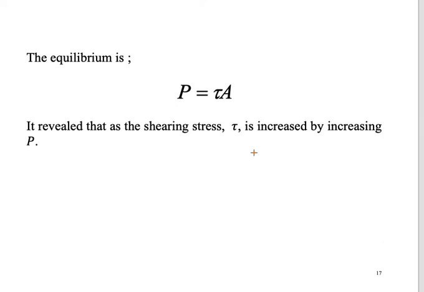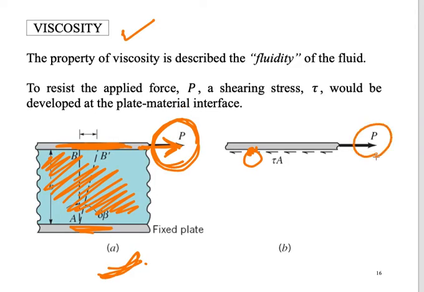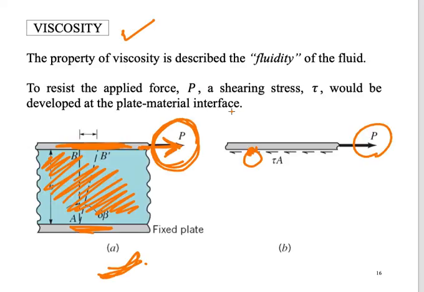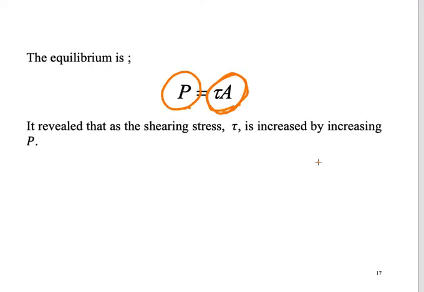In equilibrium, we could say that the total force that acts on the plate is equal to the total resistance that occurs due to the existence of the fluid. The total resistance can be calculated as the shear stress that acts on this surface multiplied by the area.